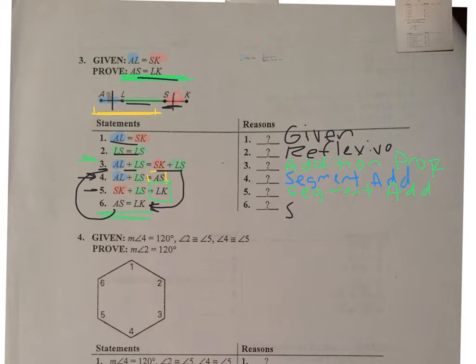And that final step is just substitution. I had two things that were equal. I swapped in the longer segment instead of talking about both of the shorter segments being added together. Okay, hopefully that helps to kind of think these things through. All right, next one.